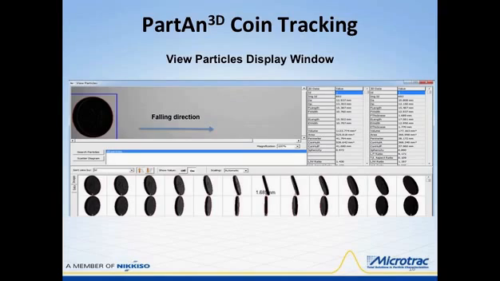This means that the chances of capturing images that show very near the largest length, width, area, and perimeter, and the smallest thickness is far better than seeing near all three of these dimensions in only one particle image, which is all one sees in 2D analyses.